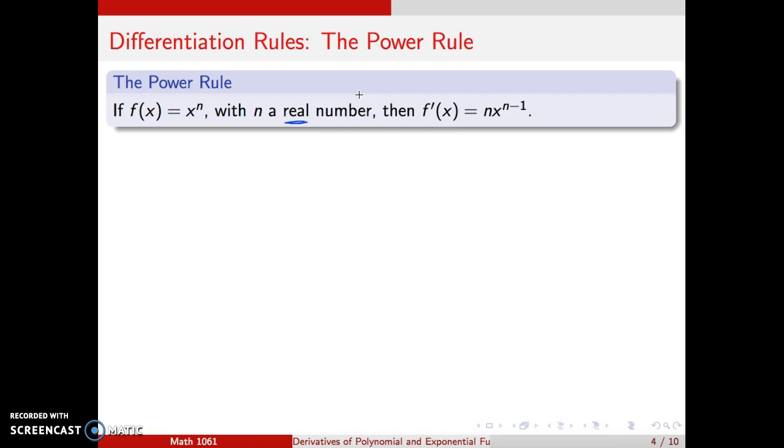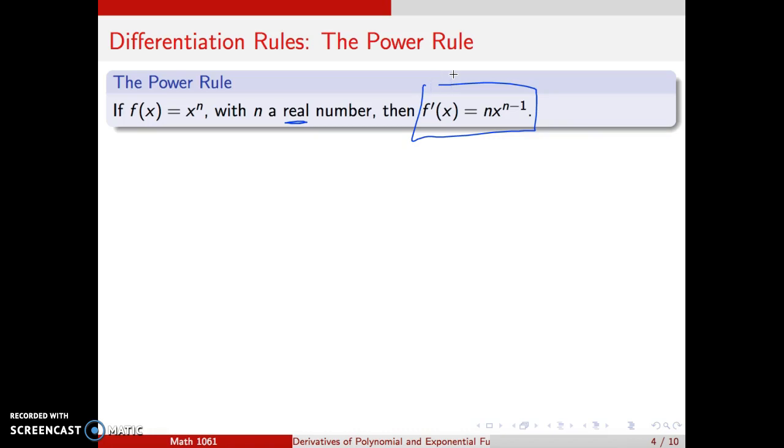Rational numbers, so that's an integer over a non-zero integer, 2/3, negative 127/51, whatever it might be, and then all the numbers in between, things like square root of 2, e, pi, pi squared, pi cubed, and everything like that. So any number you have of the type we deal with, which are real numbers, if you've got x to a real number power, the derivative, you bring that exponent down out in front, it's your new coefficient, and you subtract one, and that is the derivative there.